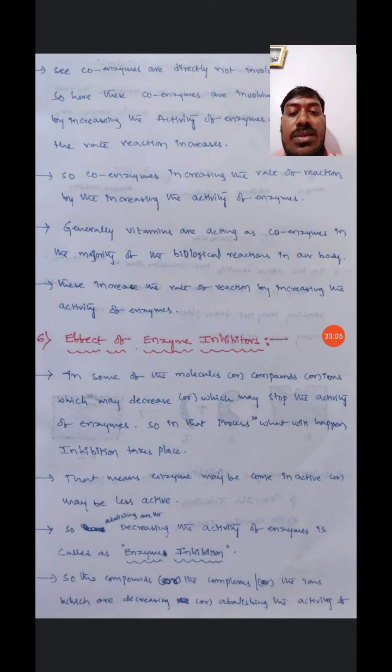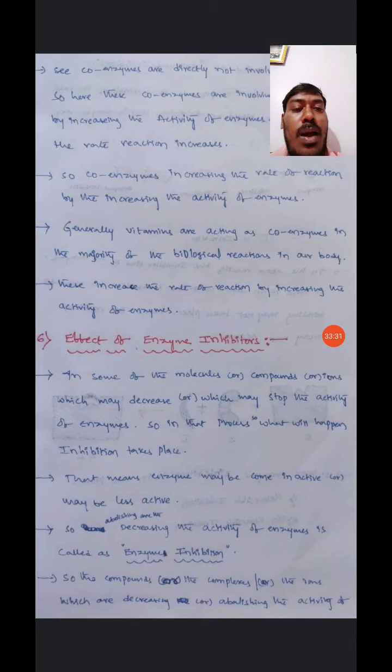The next topic is the effect of enzyme inhibitors. Some molecules or compounds or ions may decrease or stop the activity of enzymes. In that process, inhibition takes place.